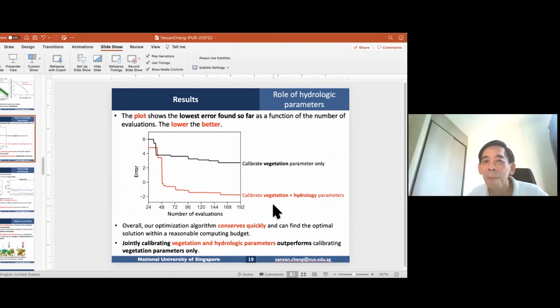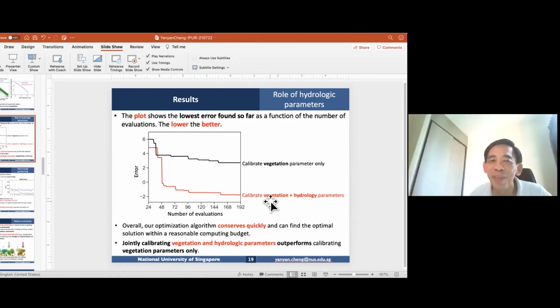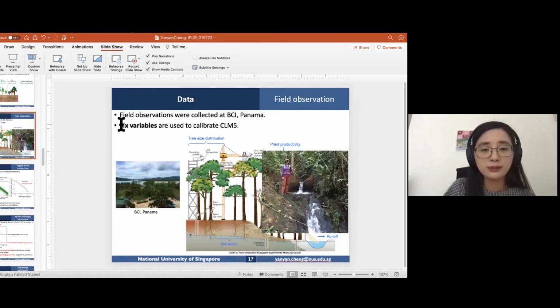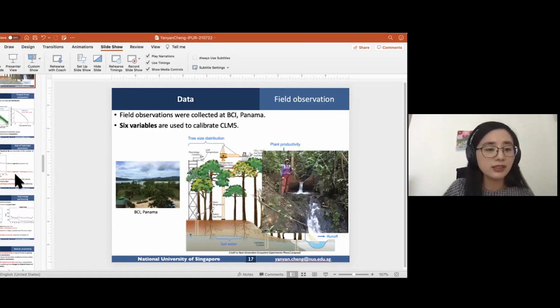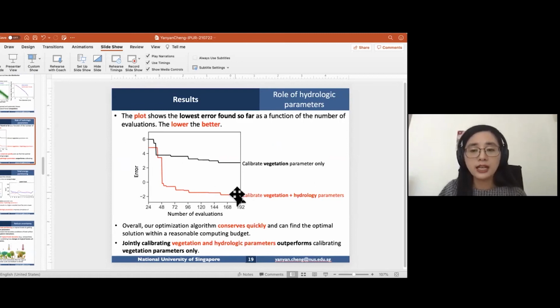So actually, you'd like to get to 0, right, rather than go to more negative values. Actually, this is the error term from the 6 variables I calibrate, so I sum them together to include in this error term. And even at this point with 192 simulations, it already finds the optimal solution we are interested in.